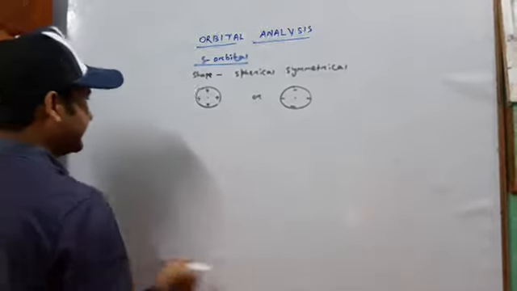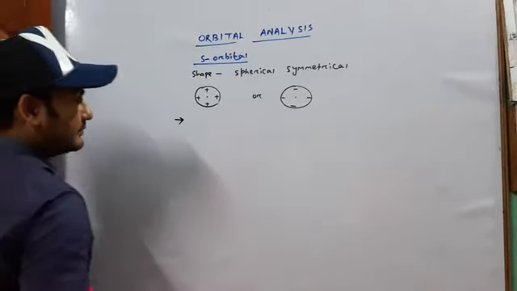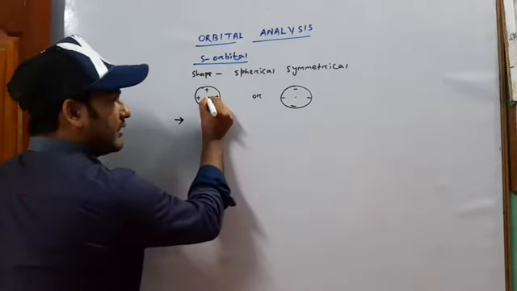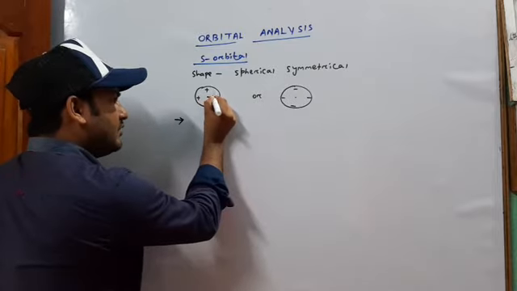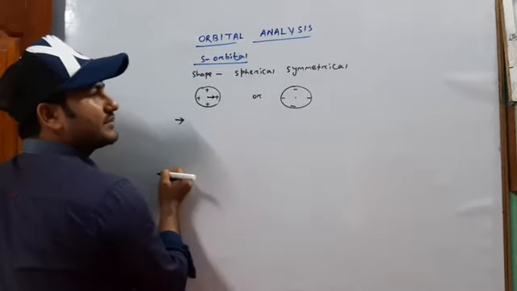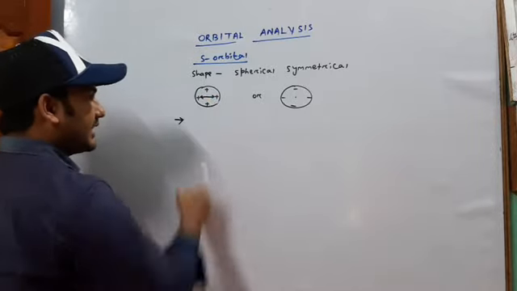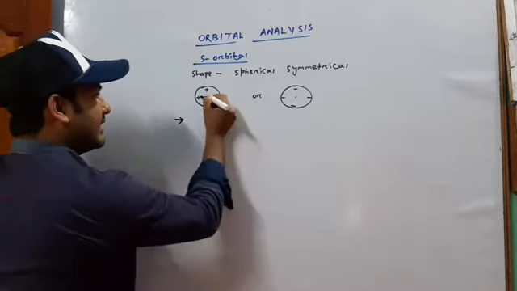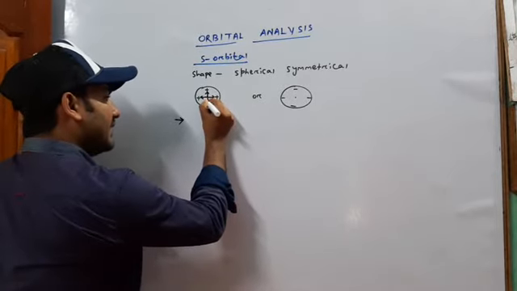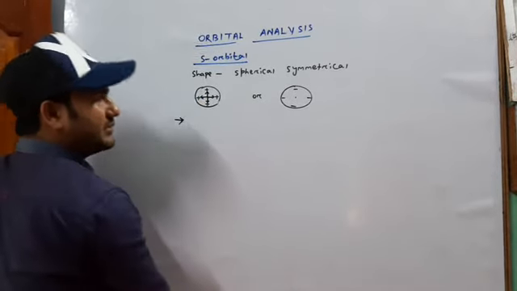Next point, when we move from the center to the right, we get a positive sign. When we move to the left, we also get a positive sign. When we move up and also down, we get a positive sign.